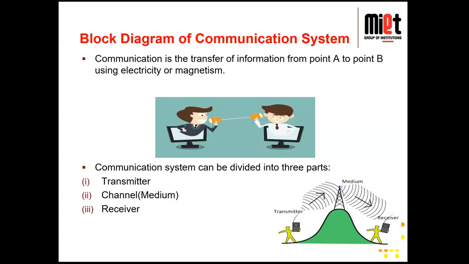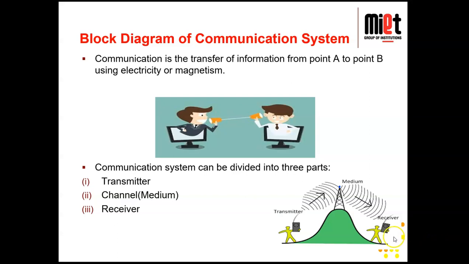That medium is known as the channel. After traveling through this channel, at the receiver side, the receiver will receive your message signal and convert it into the particular form which is required. So there are three points for the communication system: transmitter, channel, and receiver. In the next slide we will discuss the transmitter, channel, and receiver one by one.